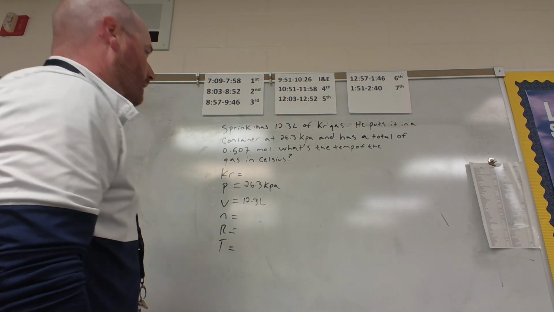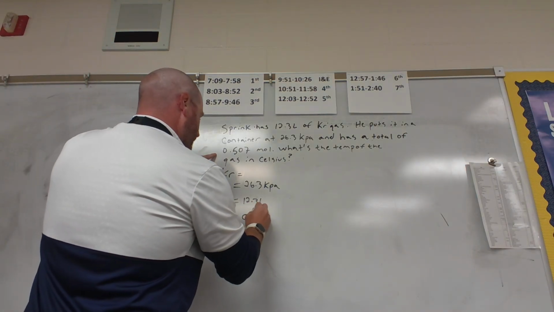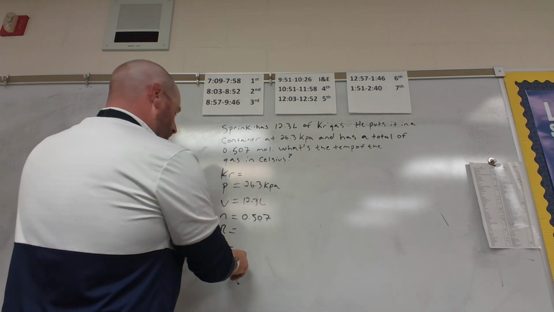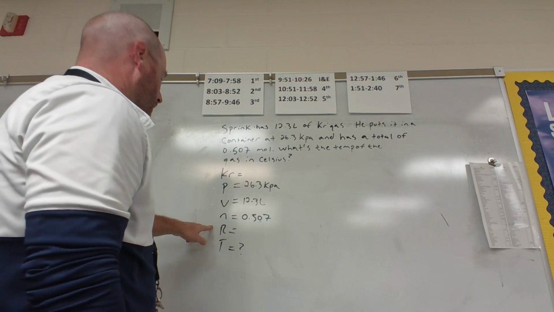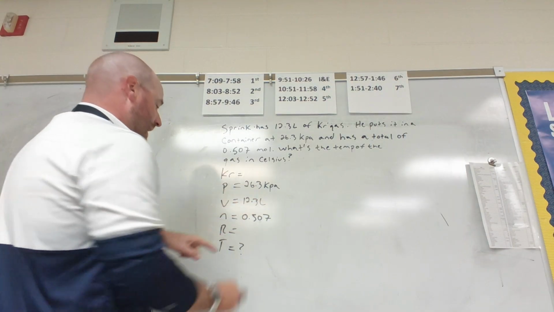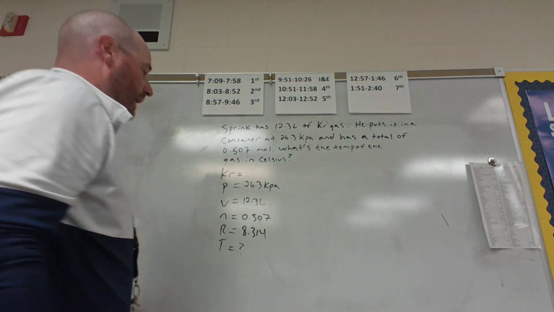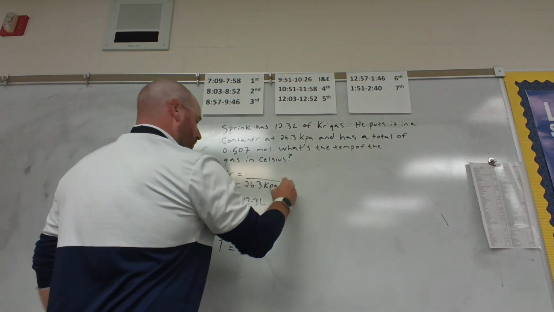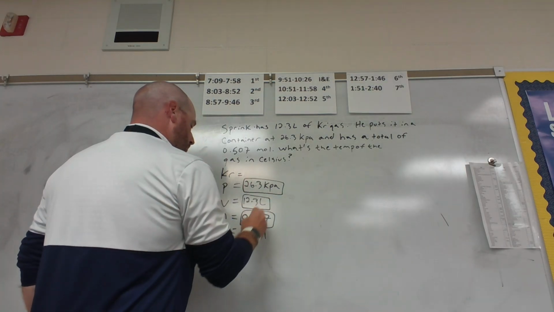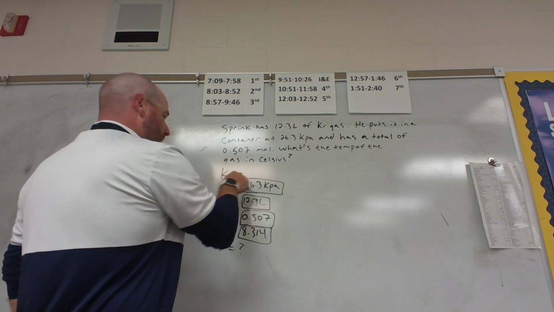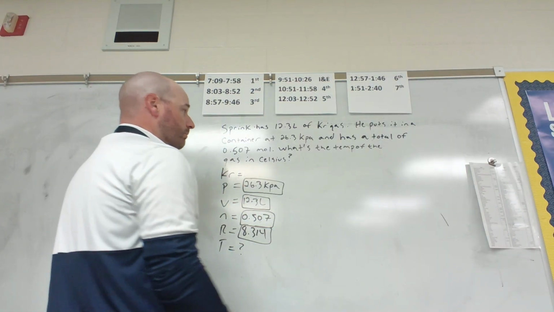Then we have my moles at 0.507. We are solving for temp. And then our constant here, we have to use the kilopascals one, 8.314. Okay, so we're set up. In this case, we don't need the molar mass of our krypton because we're given moles already. So we have everything we need to go ahead and solve this.